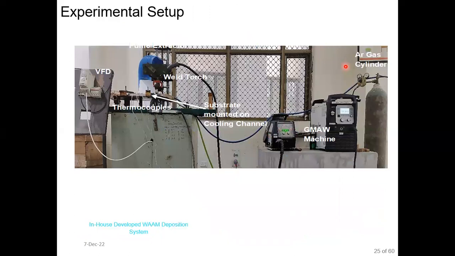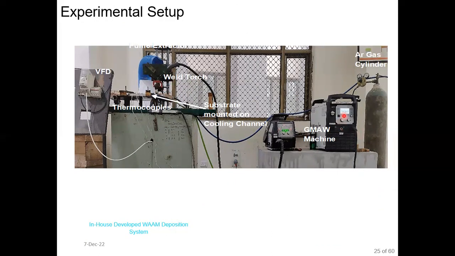So after the development of the model and prediction of various responses from it, we intend to do some experiments for the experimental validation. For the experimental validation, I have developed this CNC welding torch interpolator for the deposition of a straight thin-walled deposited component.